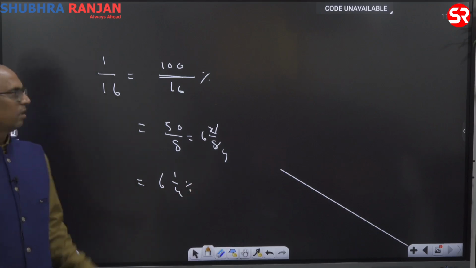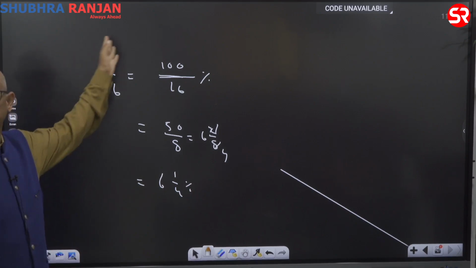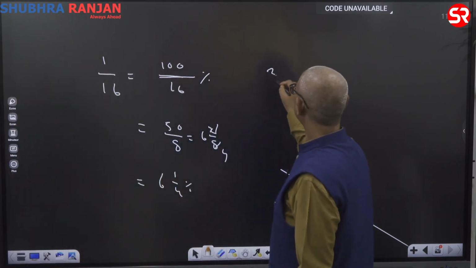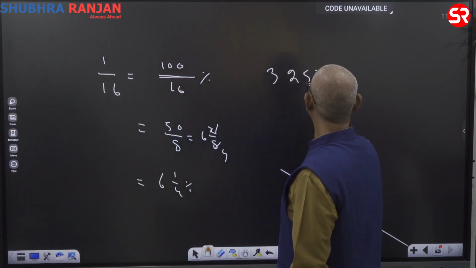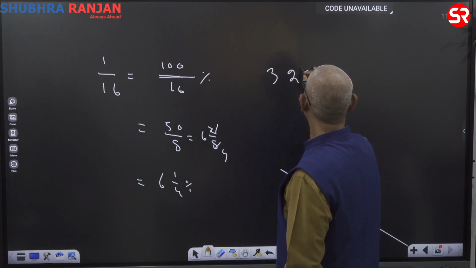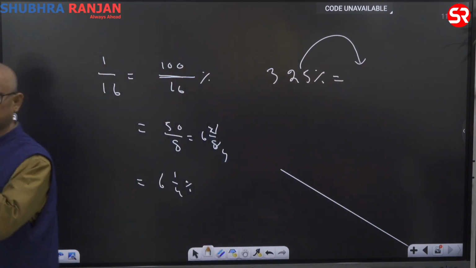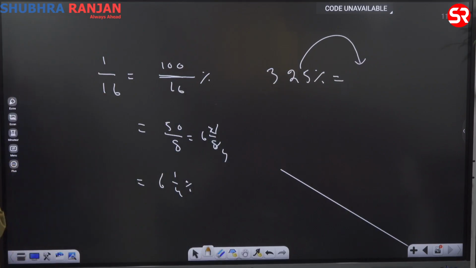Okay. Now you know how to convert fraction into percentage. Now my question is, what is 325% to fraction? Tell me. You can easily answer in decimals, it's not a problem. But I require it in mixed fraction. That's decimal 3.25, everyone will know.